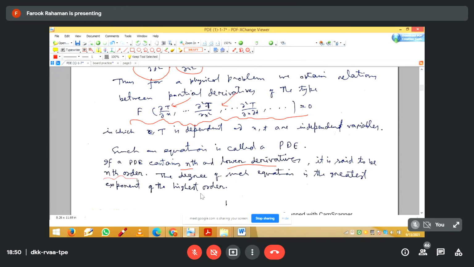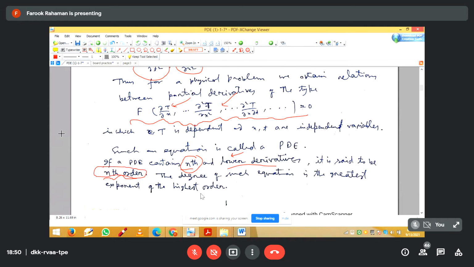Do you follow it? The order of the differential equation is nth order.